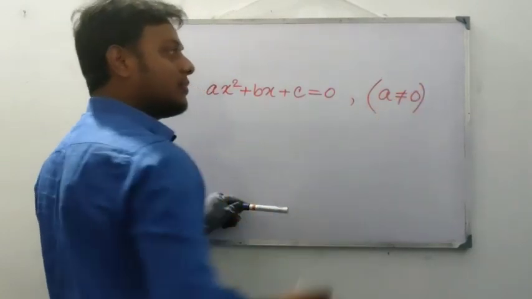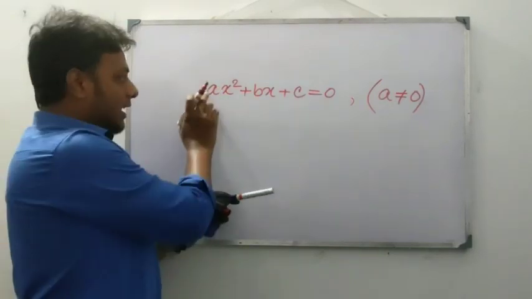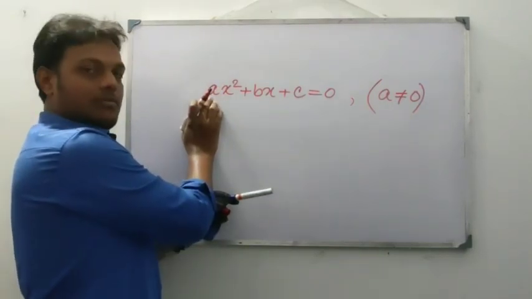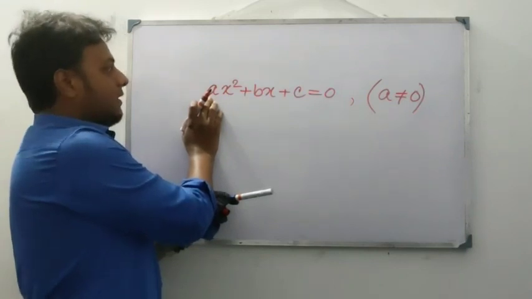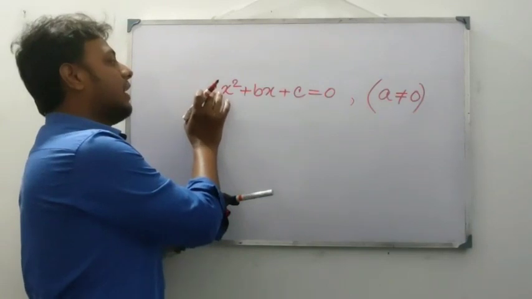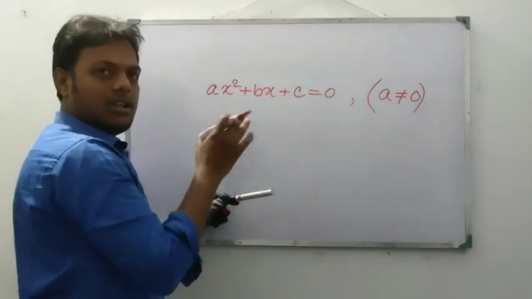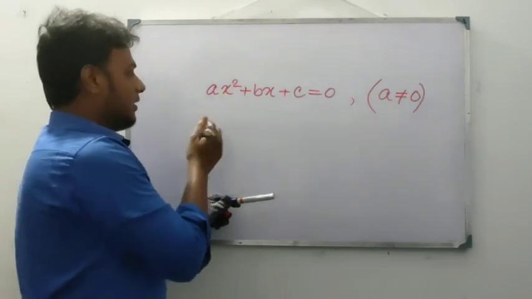If a not equal to 0, then we conclude that this is a quadratic equation. Since a can't be 0 here, you are sure about the degree of this equation. b can be 0, c can be 0; it does not affect the degree.